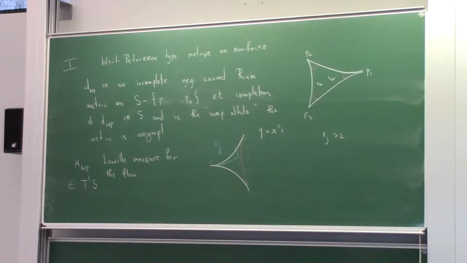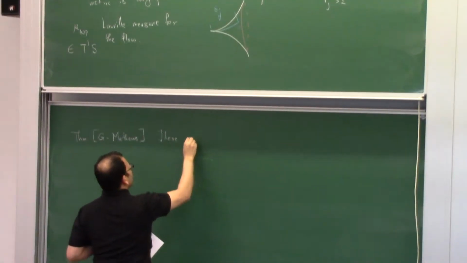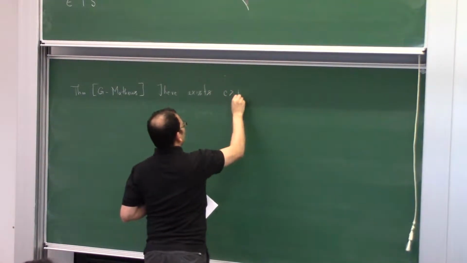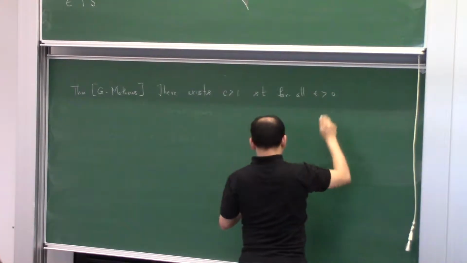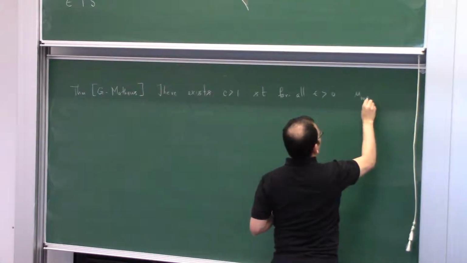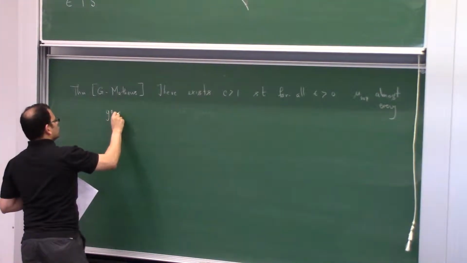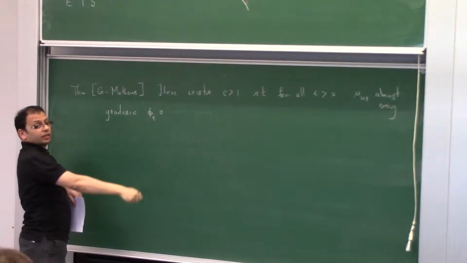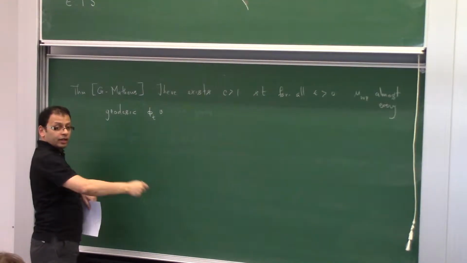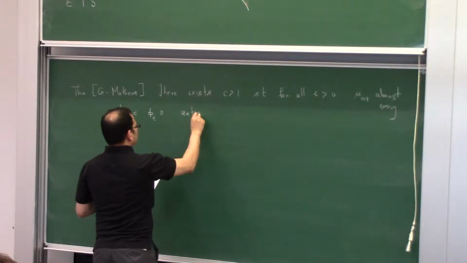Okay, so having set that up, let me immediately state the theorem. This is joint work with Carlos Matheus. The theorem says that there exists C bigger than 1 such that for all epsilon bigger than 0, mu_WP almost every geodesic phi_t of V, where I sample V from T^1 S and take the geodesic that V determines, that's my notation for the geodesic ray starting with V, satisfies the following bounds.